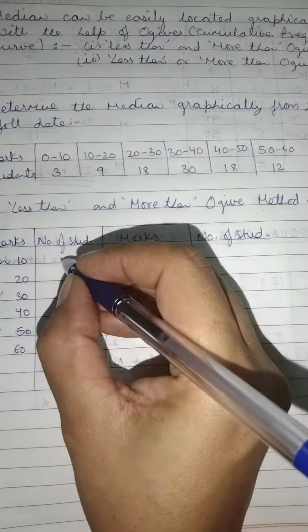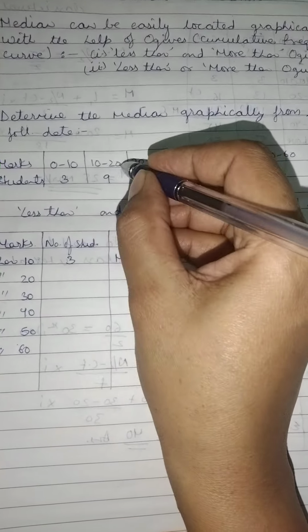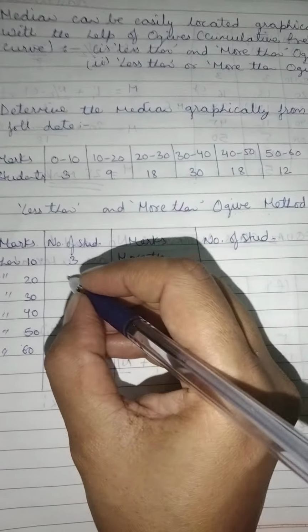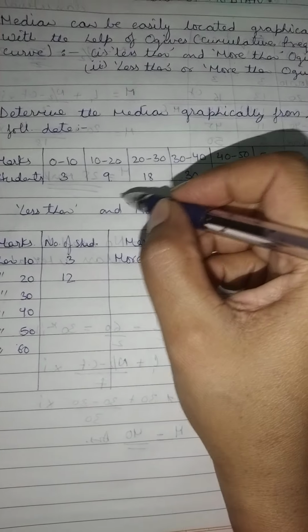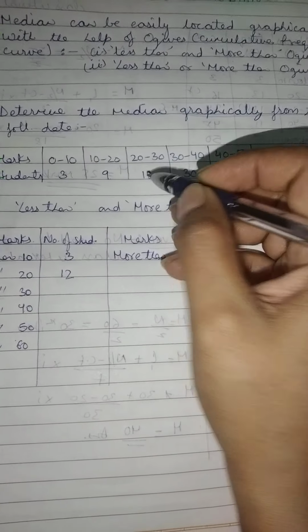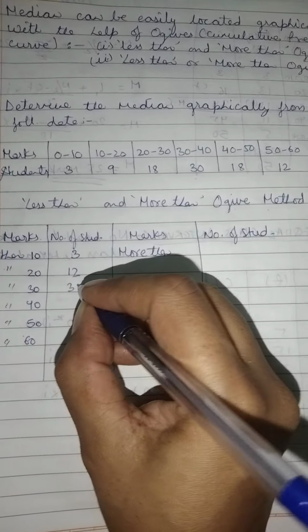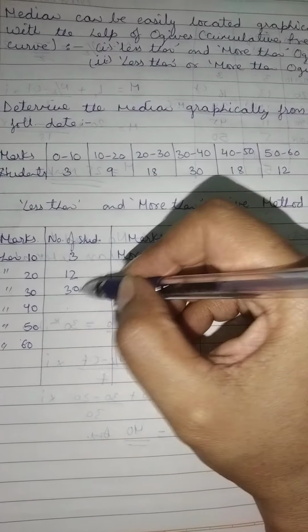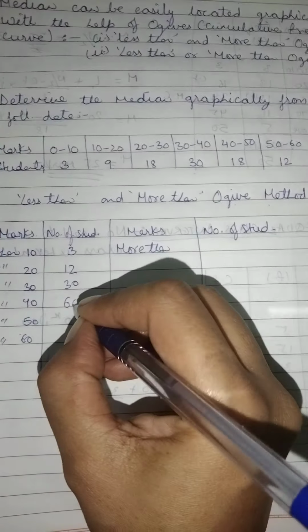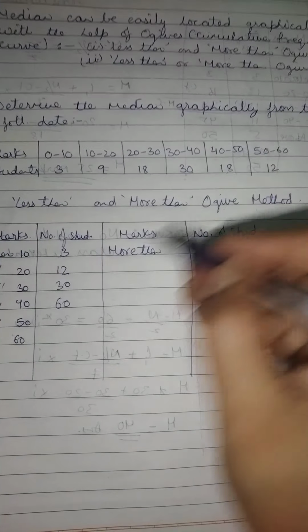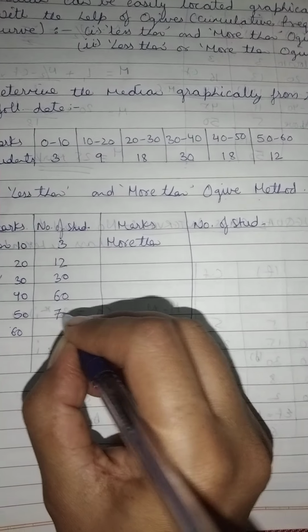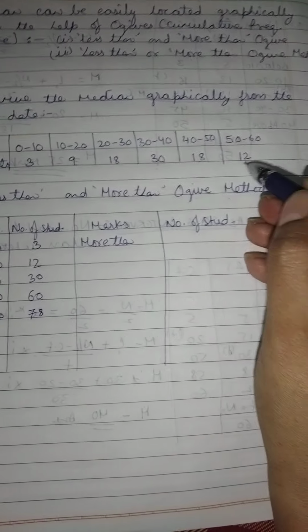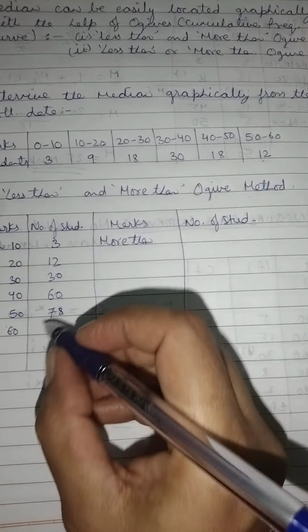Less than 10 is only 3, then less than 20 is 3 plus 9, that is 12, then less than 30 is 12 plus 18, that is 30, then less than 40 is 30 plus 30, that is 60, then less than 50 is 18 plus 60, that is 78, and less than 60 is 12 plus 78, that is 90. So we have got less than.